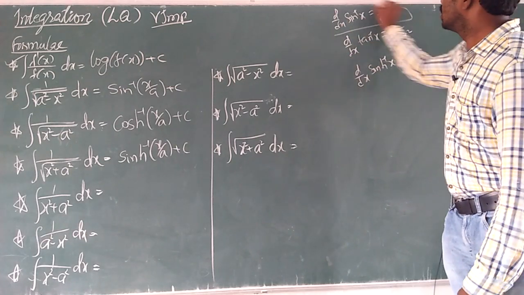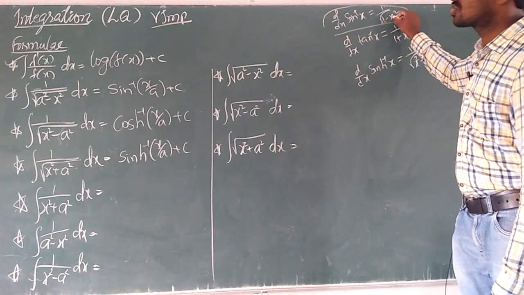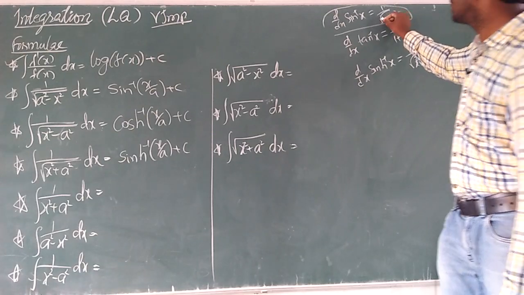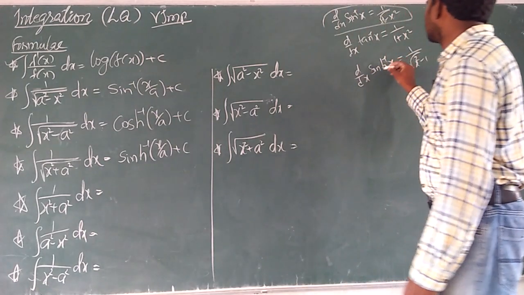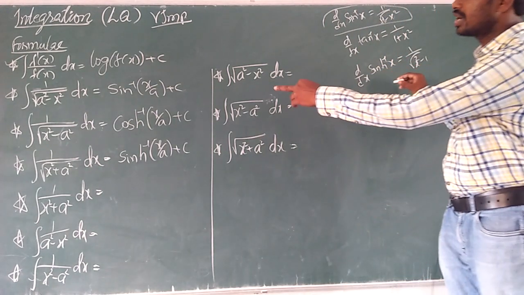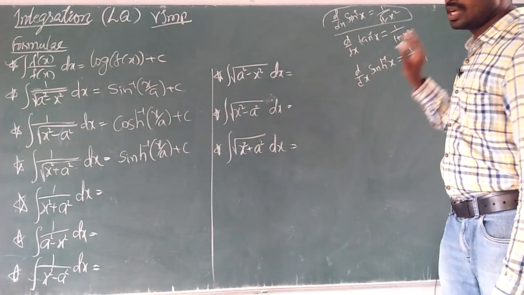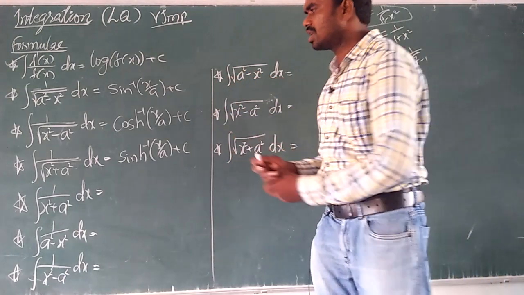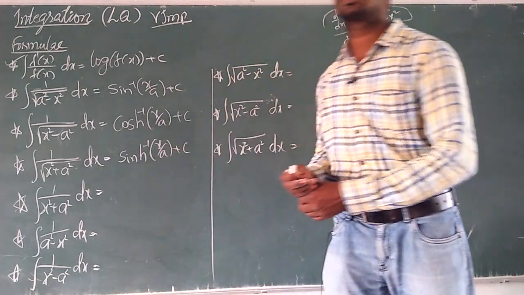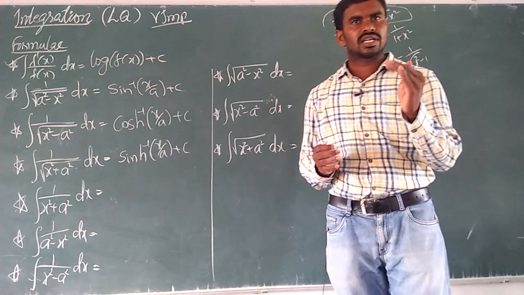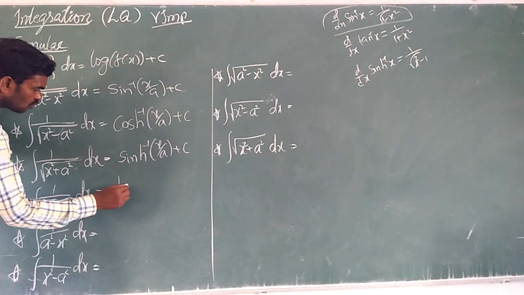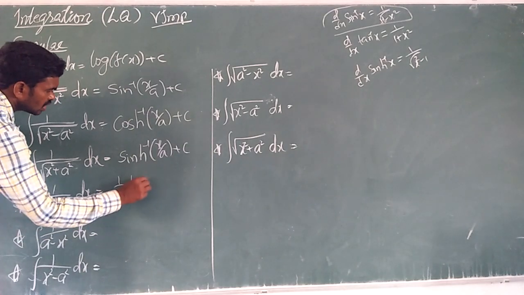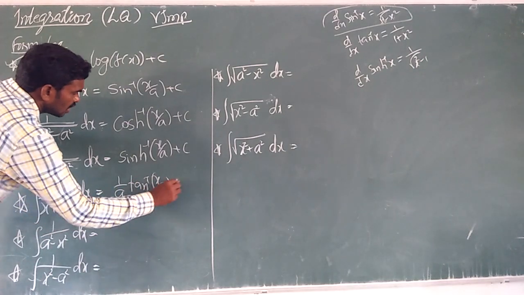So using these formulas only. Take this one: 1 by root of 1 minus x square, integration is sin inverse x. If a is there, the formula becomes x by a. And for root of x square minus 1, similarly. Okay. So you will just remember these formulas. And what about this one? 1 by x square plus a square is tan inverse x by a. And additionally, here there is no root, so 1 by a tan inverse x by a plus c.